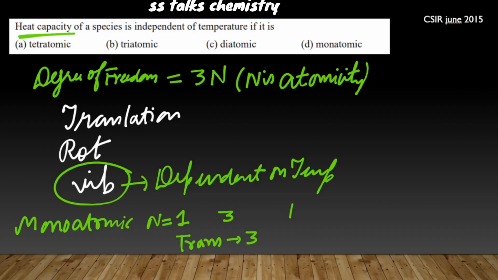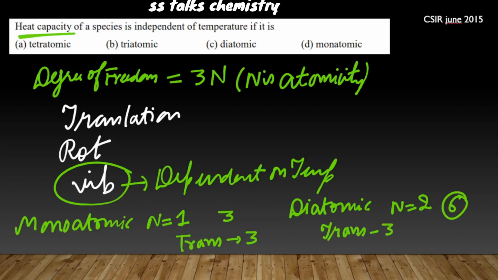Whereas if you talk about the diatomic gas, the n value is 2. That means total degrees of freedom is going to be 6. Out of these 6, the translational degrees of freedom we have is 3, the rotational you have is 2, so the vibrational is going to be 1.